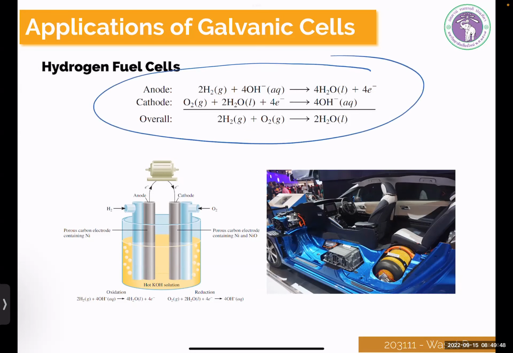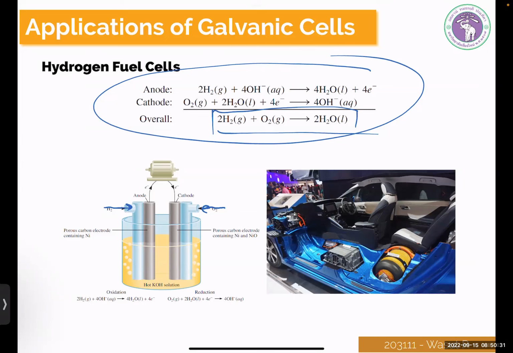For example, here is the example of the hydrogen fuel cell, right? So you just basically put in hydrogen on this side, you put in oxygen on this side, right? And then these electrodes, anodes and cathodes, absorb both gases, and then they start to react electronically. So basically, the anode will give off electrons, and then the cathode will eventually receive the electrons through the electrical circuit, and then you have the net reaction of just hydrogen plus oxygen becomes water, and the output is the electrical energy, right?